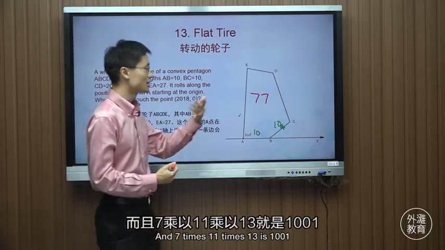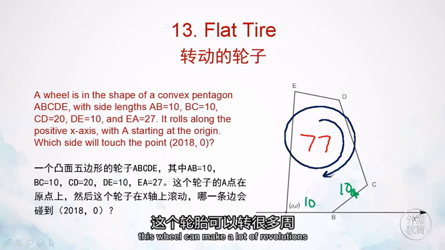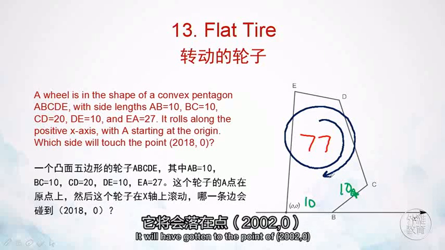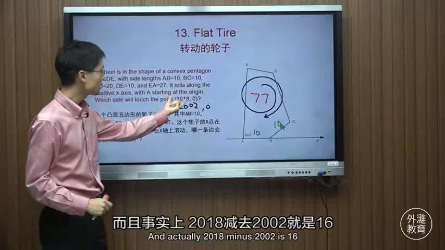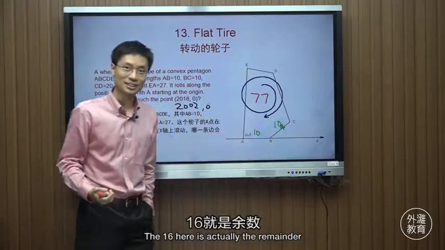And 7 times 11 times 13 is 1001. So I can immediately know that this wheel can make a lot of revolutions. And when it's finished with all of these revolutions, it will have gotten to the point of 2002, 0. A will have gotten to that point. And so actually 2018 minus 2002 is that 16. The 16 here is actually that remainder.